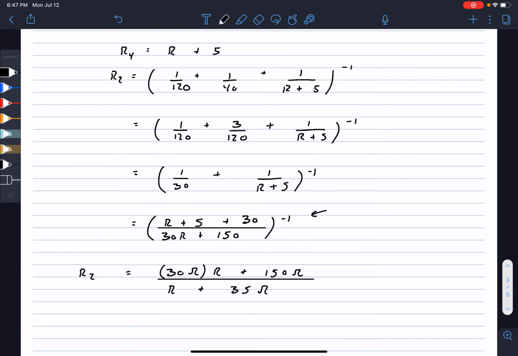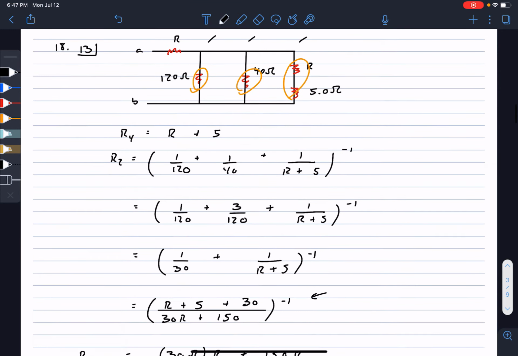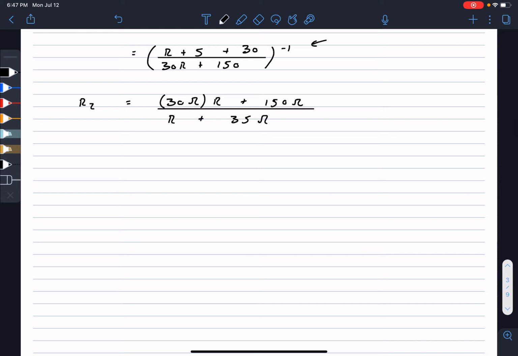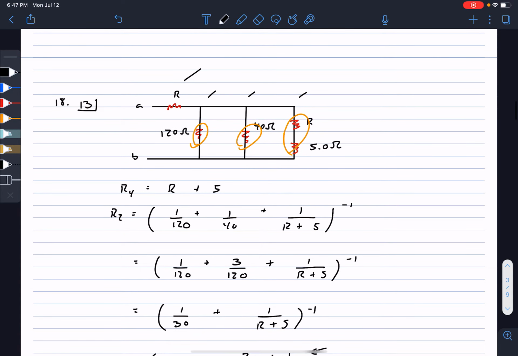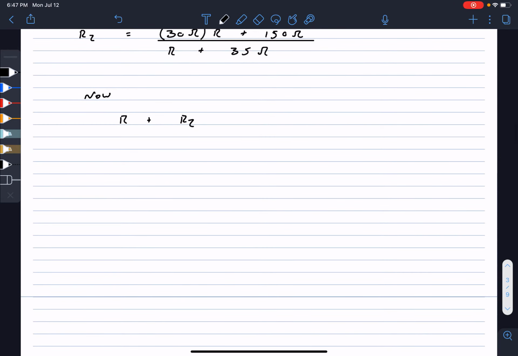Now we have this plus this in series. So now we have R plus R2, because R is simply labeled R. R plus R2 equals R plus 30R plus 150 ohms over R plus 35.